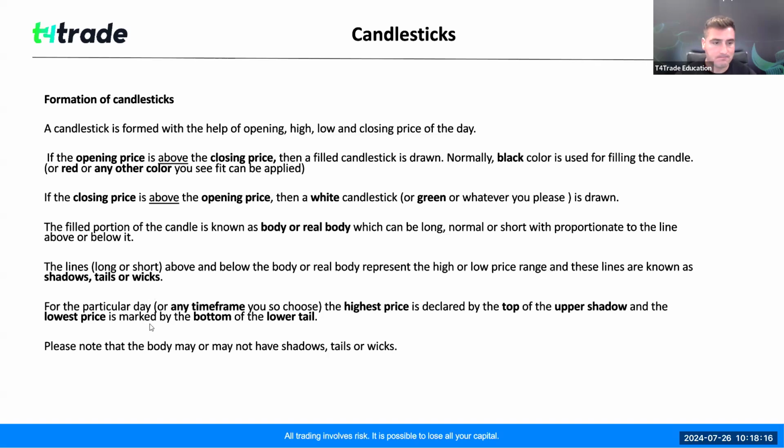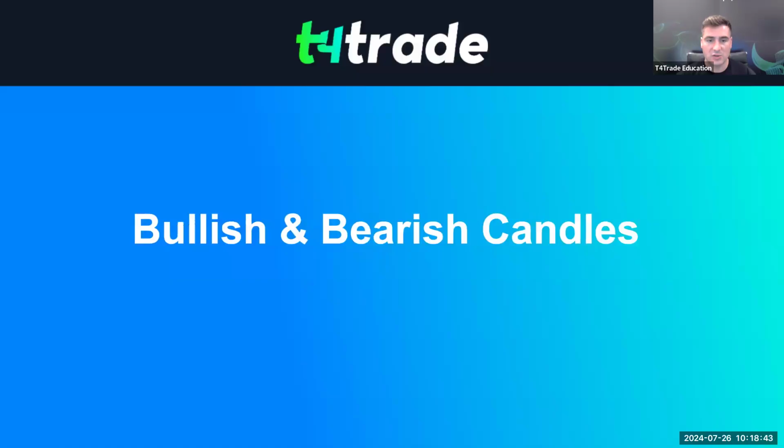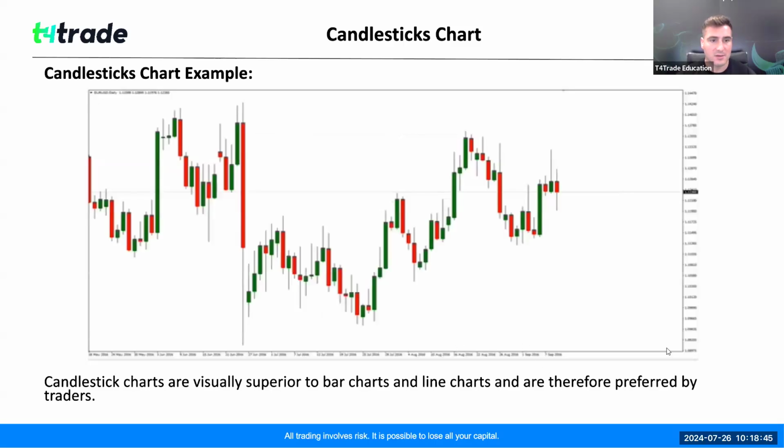For the particular day or any time frame you choose, the highest price is declared by the top, the upper shadow or the wick, and the lowest price is marked at the bottom with the lower tail or the shadow. Please note that the body may or may not have shadows, tails, or wicks.